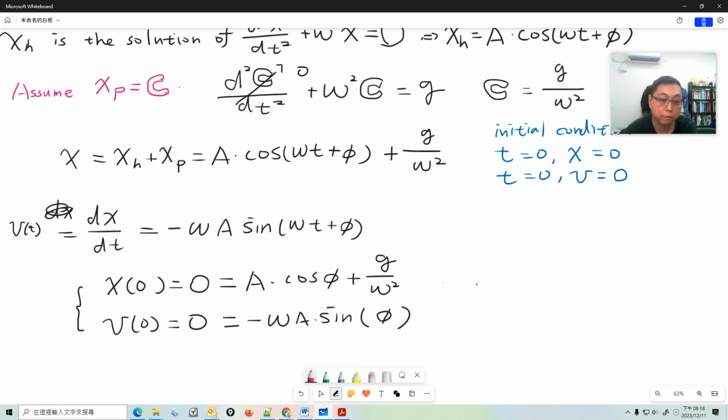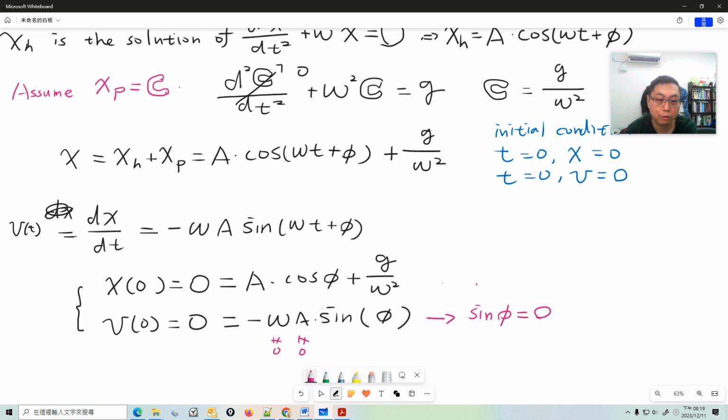We solve the velocity function first, which looks much easier. Omega times a times sine phi equals 0. But omega is never 0 and the amplitude is never 0, because in simple harmonic oscillation there must be some amplitude. So we get sine phi equals 0. What's the simplest solution for phi?